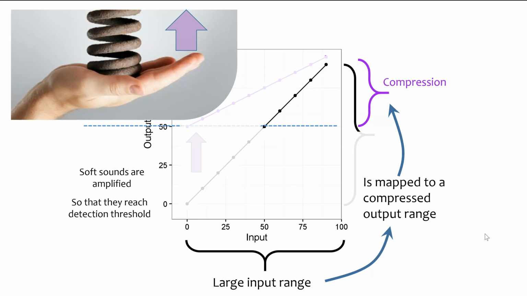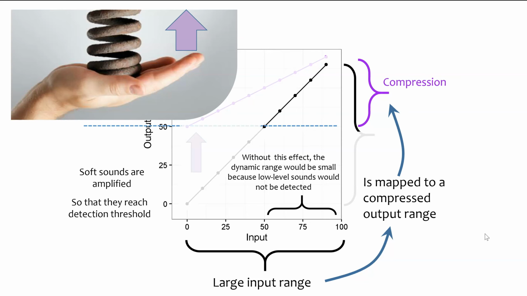So we're taking that lower half and compressing it upwards so that we don't only deal with this higher level of sound. I mean, we can still hear them, but we don't want to just restrict our hearing to those high levels of sound. We in fact want to hear those lower levels as well. So what we want to do is map that large input range, compress it up so that that's the whole range that's being expressed.